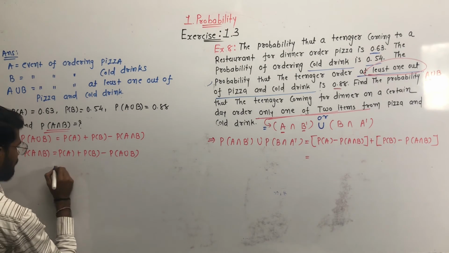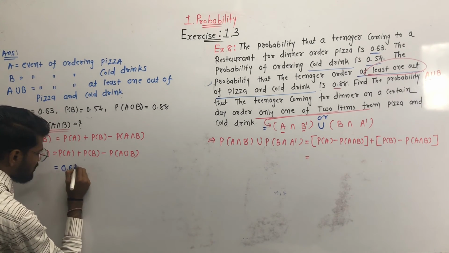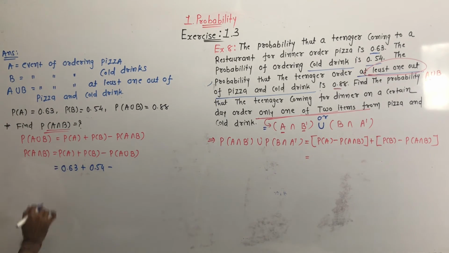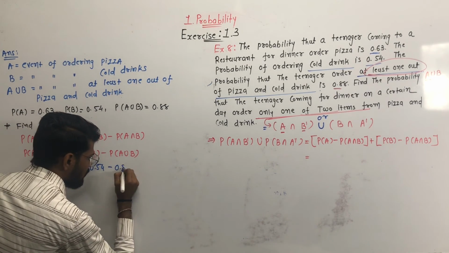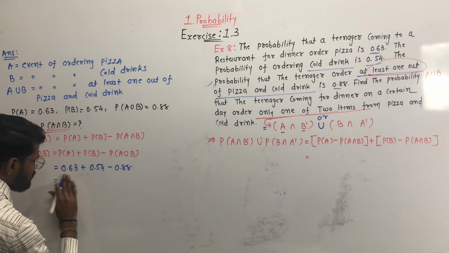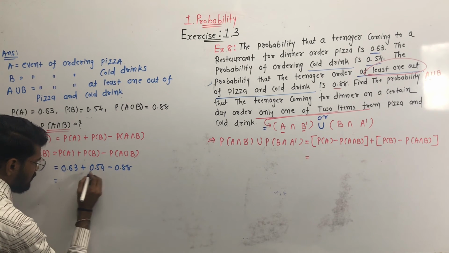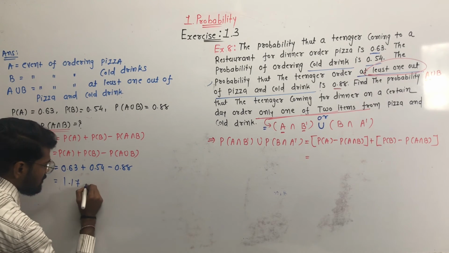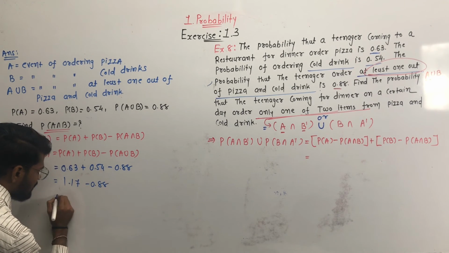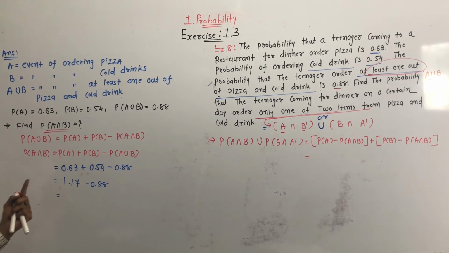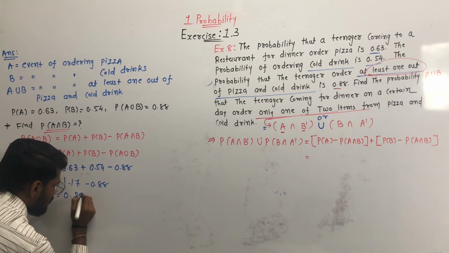Okay, now put the values. P of A is equal to 0.63, P of B is equal to 0.54, and minus P of A union B is equal to 0.88. So it will be 1.17 minus 0.88, which is equal to 0.29.